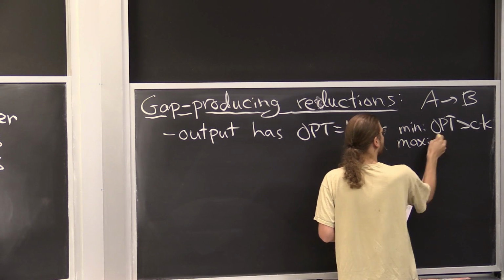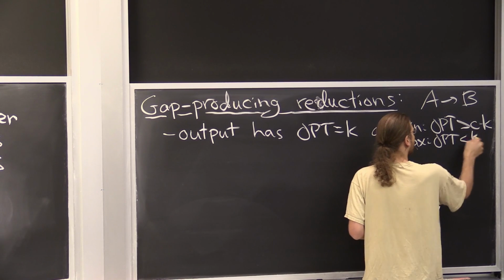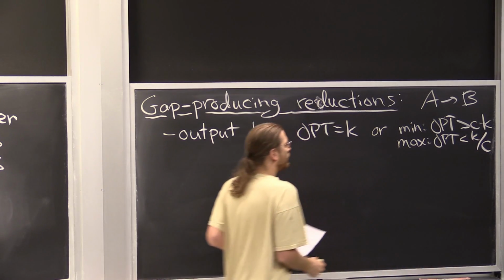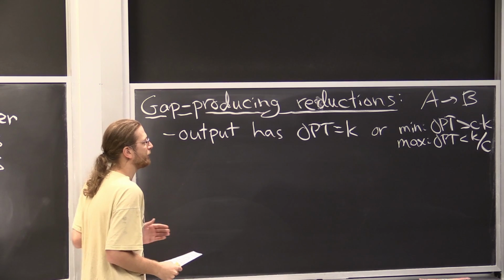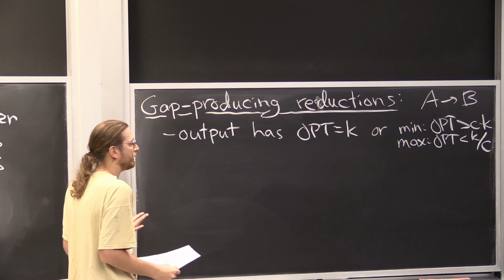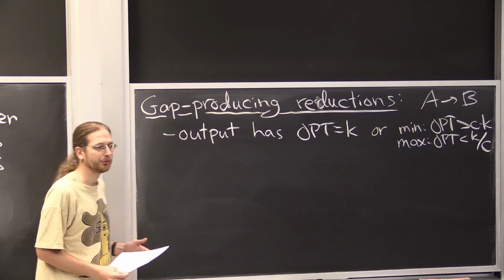And for a maximization problem, opt less than k over c. So that's just saying we have a gap in the output. We assume nothing about the input instance. That would be a gap-producing reduction.